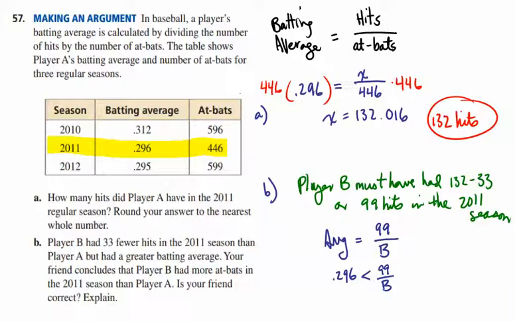So let's see. Now your friend concludes that player B had more at-bats in the 2011 season than player A. So is it possible? Now player A had 446 at-bats.